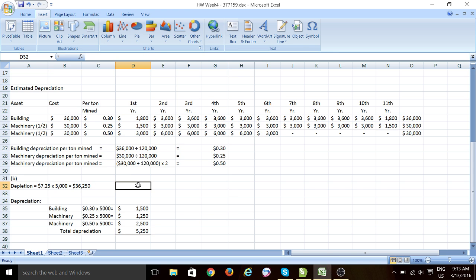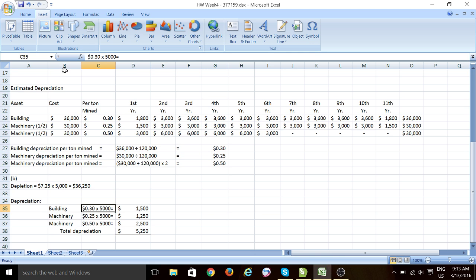So we got 36,250. So for the depletion of the mineral resource, we depleted 36,250.